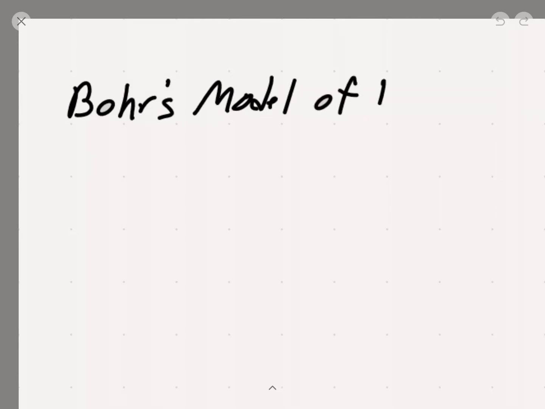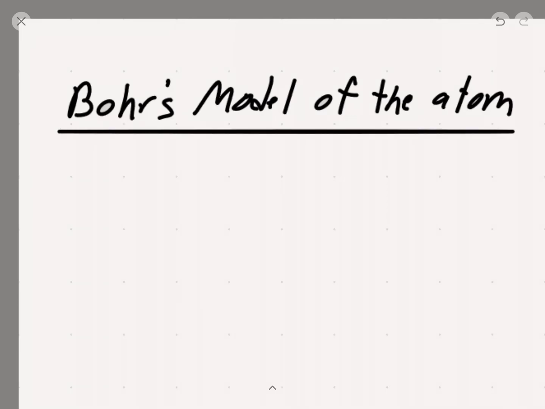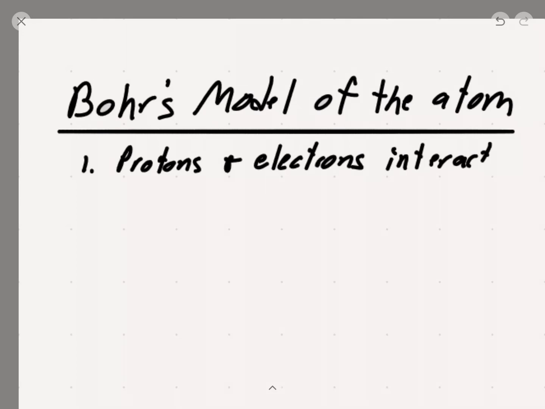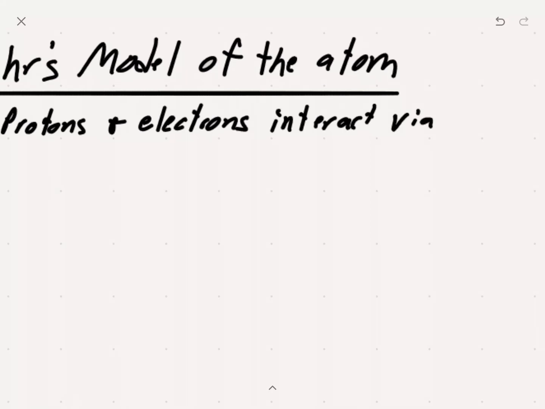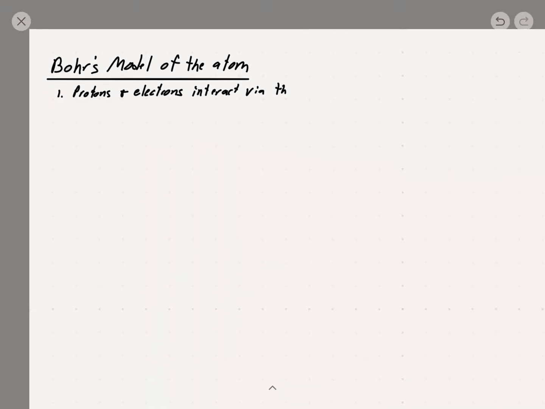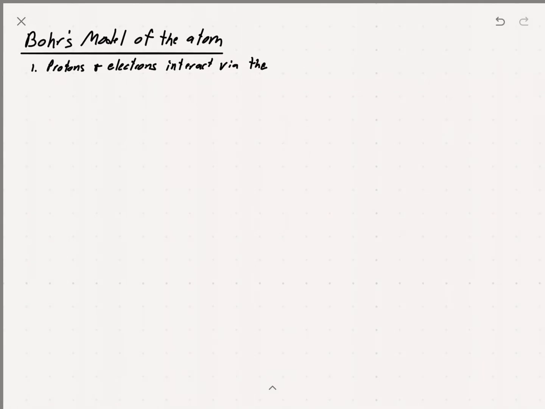So we have Bohr's model of the atom. What did Bohr say? He had his four postulates. One, protons and electrons interact via the Coulomb force.